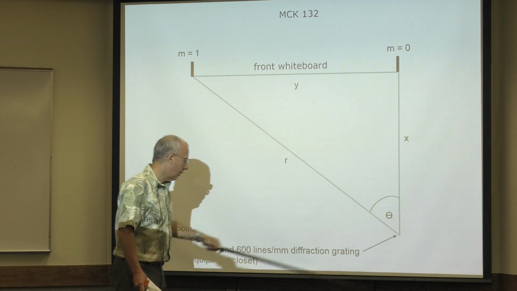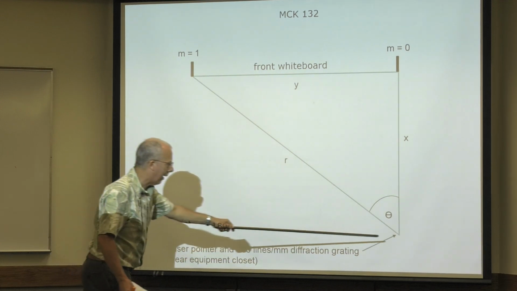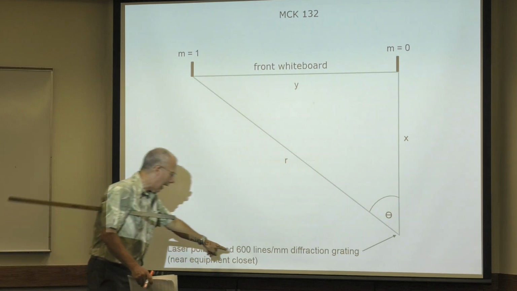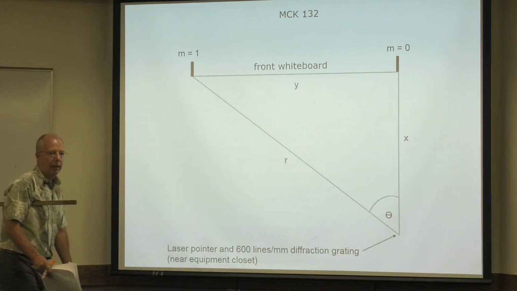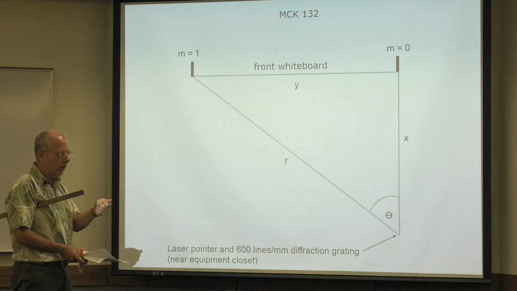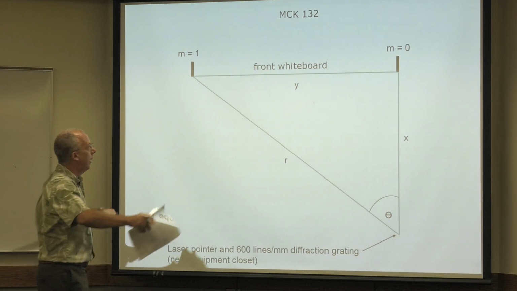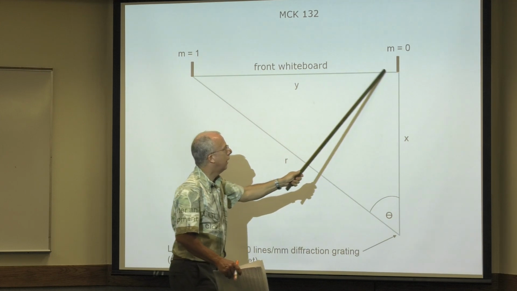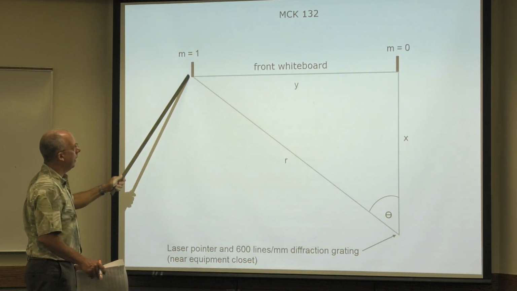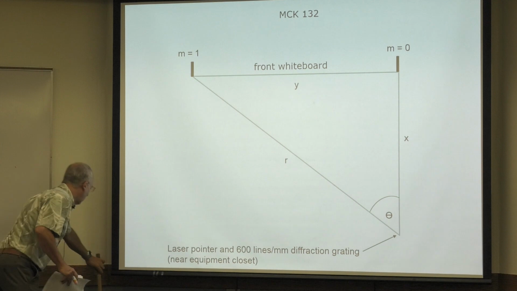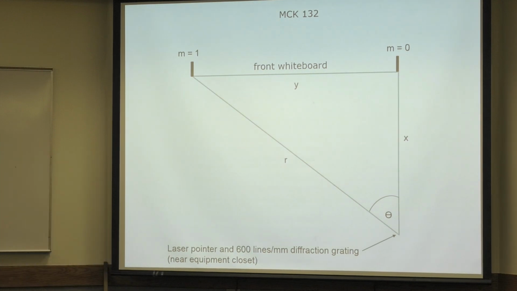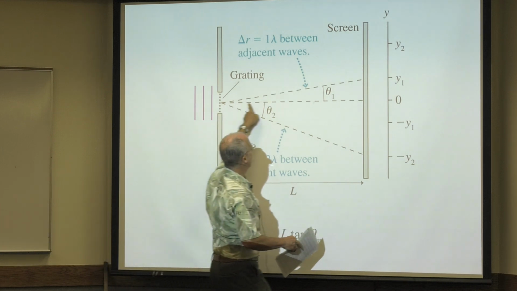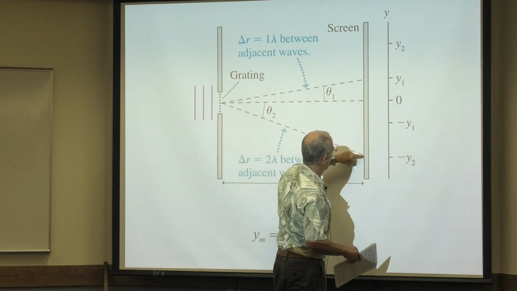I stand at the back of the classroom with a laser pointer and a 600 lines per millimeter diffraction grating. I shine the laser light through the diffraction grating, and you see one bright line here, and one bright line here. So basically, you see the center, you see one here, and you see one here, all right?